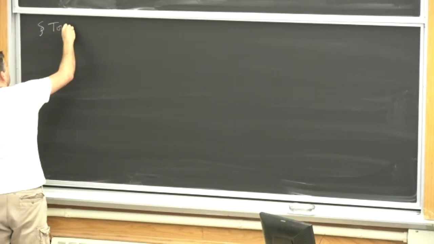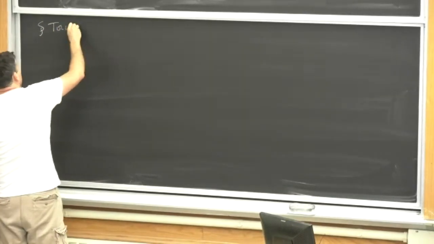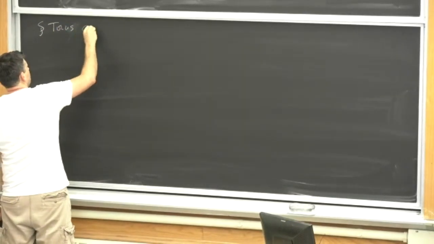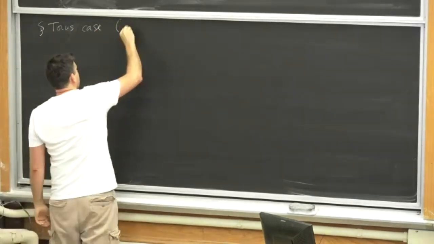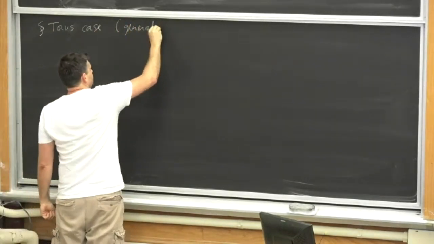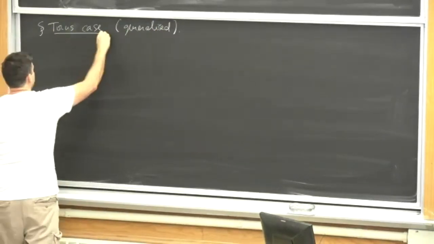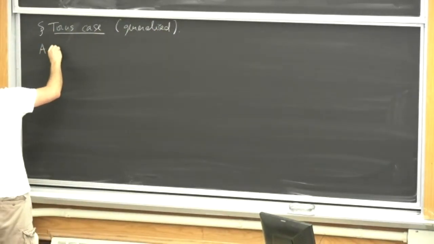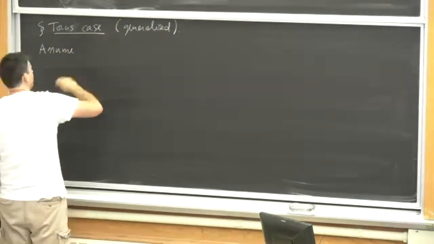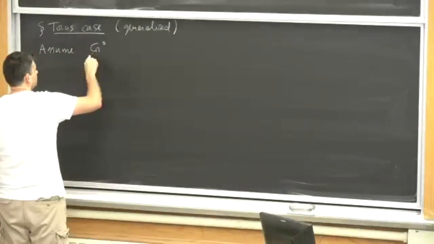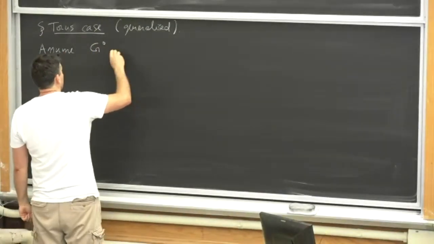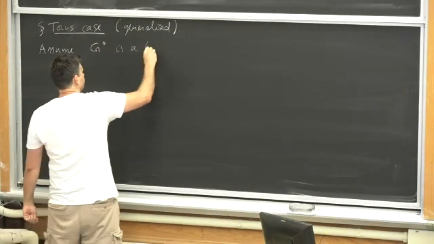Okay, so let me explain the torus case. So I say generalized torus. Here I assume that this connected component G0 is a torus.